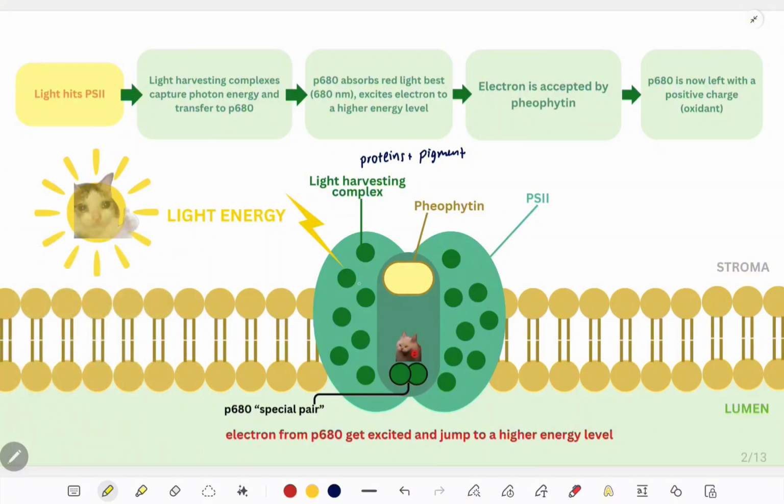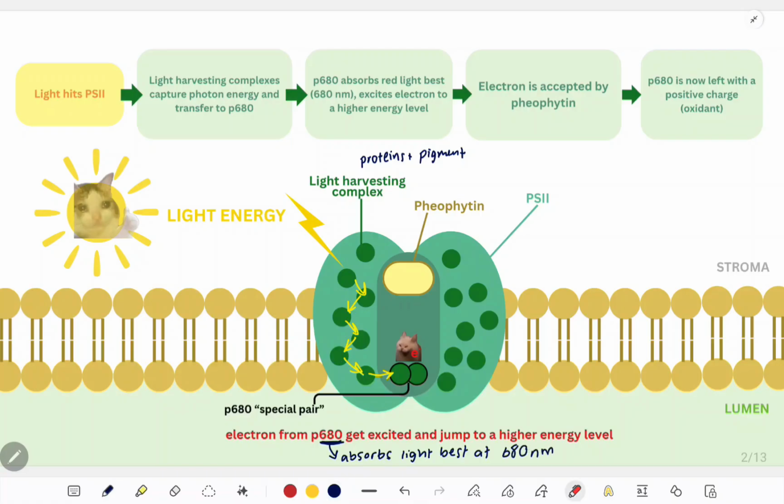energy to P680. Now P680 is a special pair of chlorophyll molecules in photosystem 2. And it is called P680 because it absorbs light best at, you guessed it, 680 nanometers.